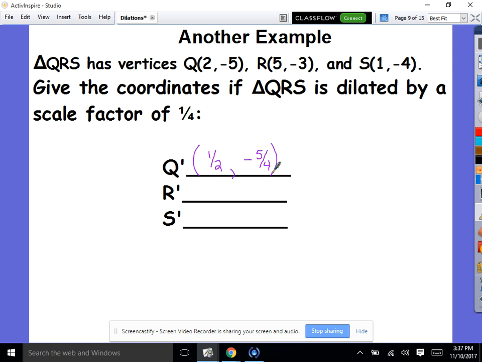R prime, 5 times 1/4 is 5/4, or 1 1/4. And -3 times 1/4 is -3/4. S prime, 1 times 1/4 is 1/4. And -4 times 1/4 is -1.